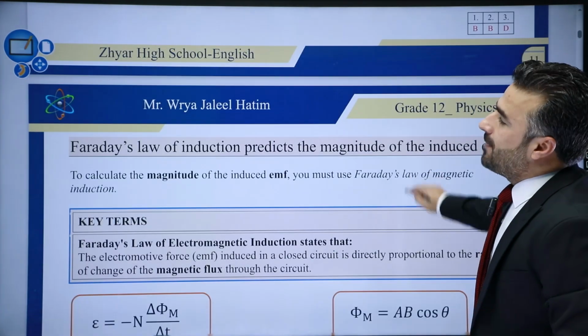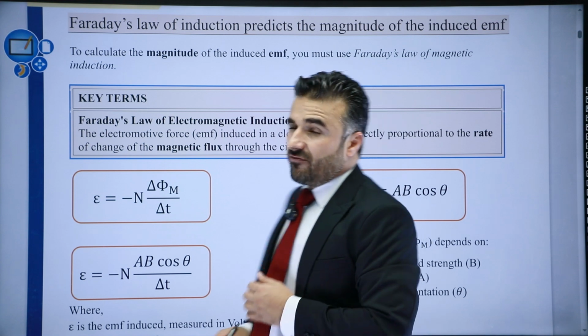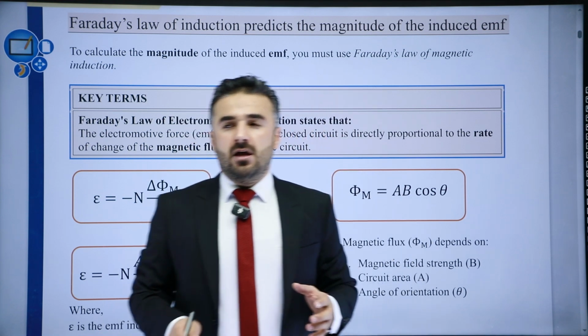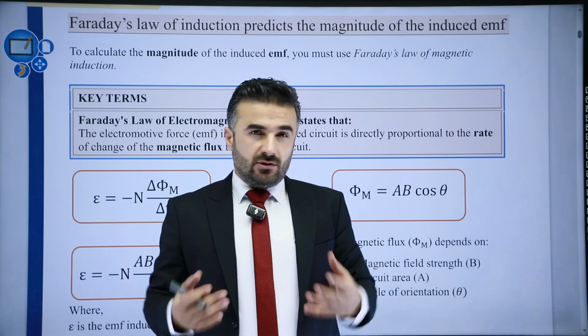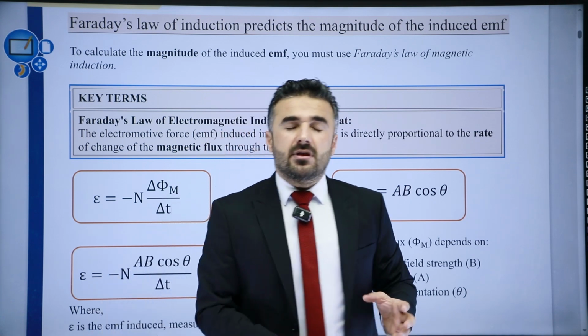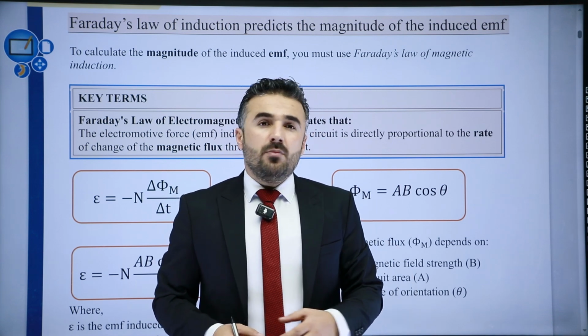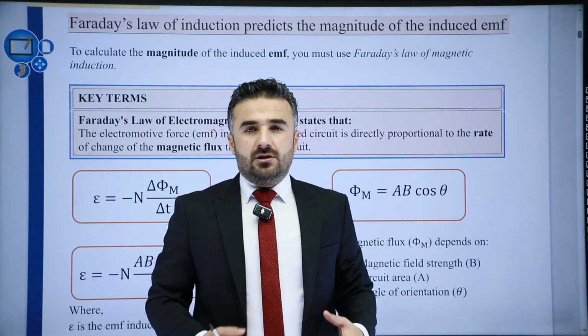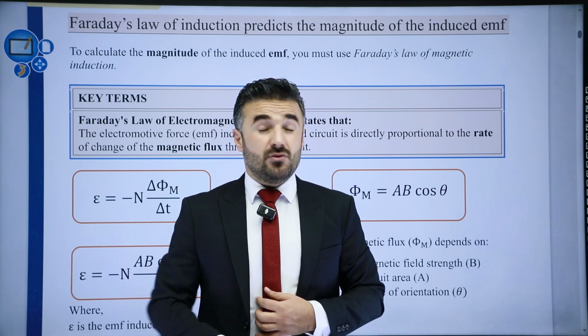All right, now let's talk about another concept here. So far we've been talking about the direction of the electrical current, and of course that was by using Lenz's law. Lenz's law tells us the direction of the current that is flowing through the coil, the solenoid, let's say. But what about the magnitude, or the value, of the electromotive force that is induced here?